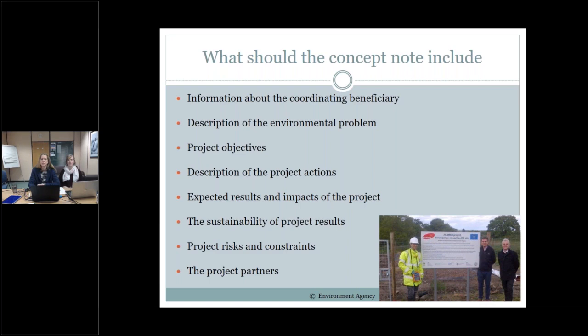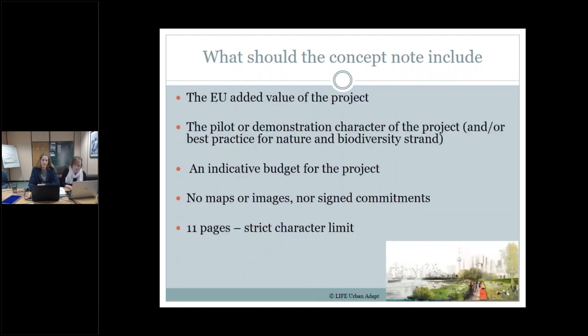For nature and biodiversity projects, you need to include a description of species, habitats, or biodiversity issues targeted by your project. You further need to include your project objectives, the project actions, expected results, and impacts of your project. The sustainability of the project results, the risks and constraints, as well as your project partners.